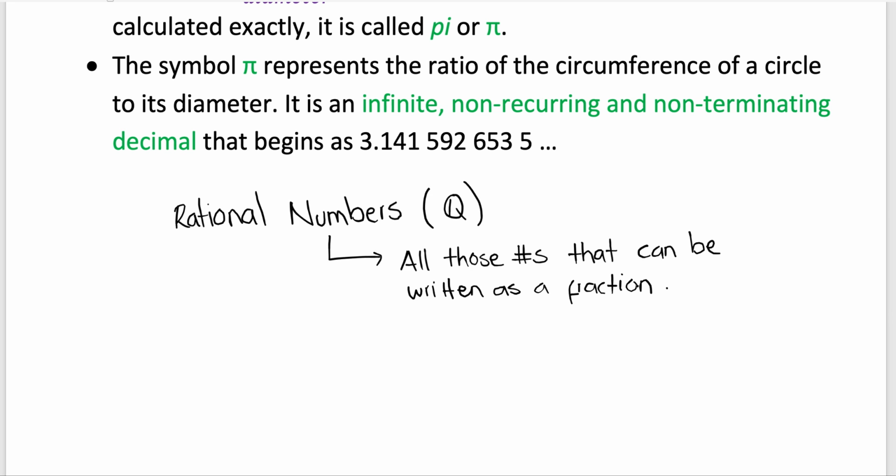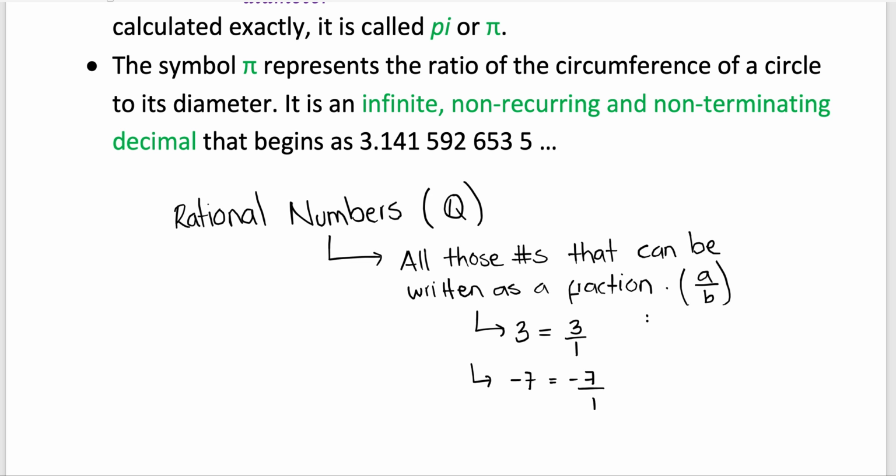We said that, for example, if we have a fraction, let's say a over b. If I have 3, it can be written as a fraction because I can write it as 3 over 1. Or if I have -7, it can be written as a fraction because I can write it as -7/1.